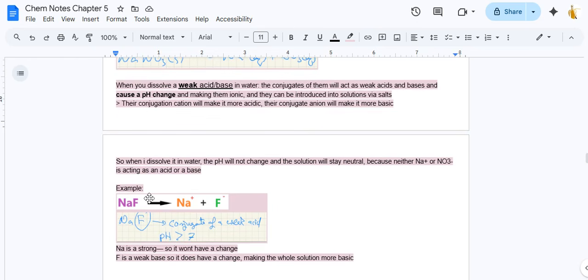So when we dissolve the salt in water, the water will become more basic, since F minus is the anion of a weak acid.